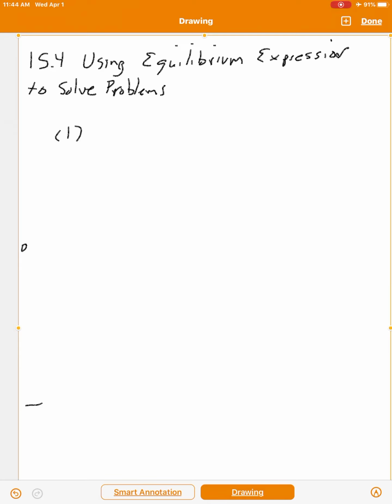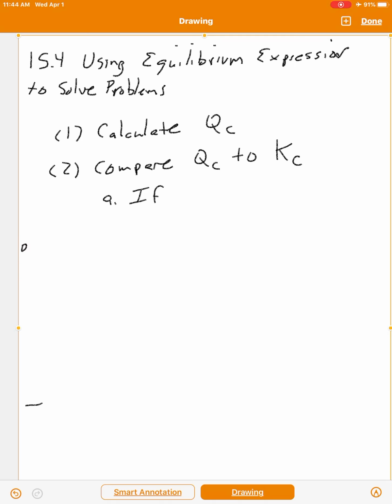But step one, you calculate Q. Step two, you compare Q to K. And then part A would be if Q is less than K, then the reaction goes this direction.